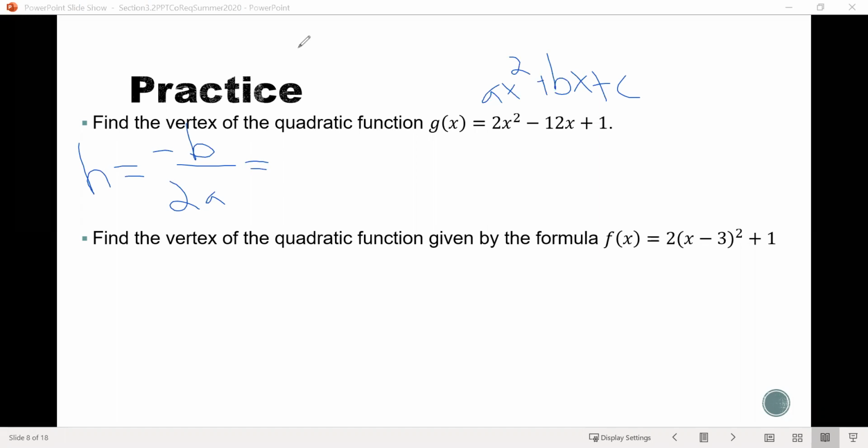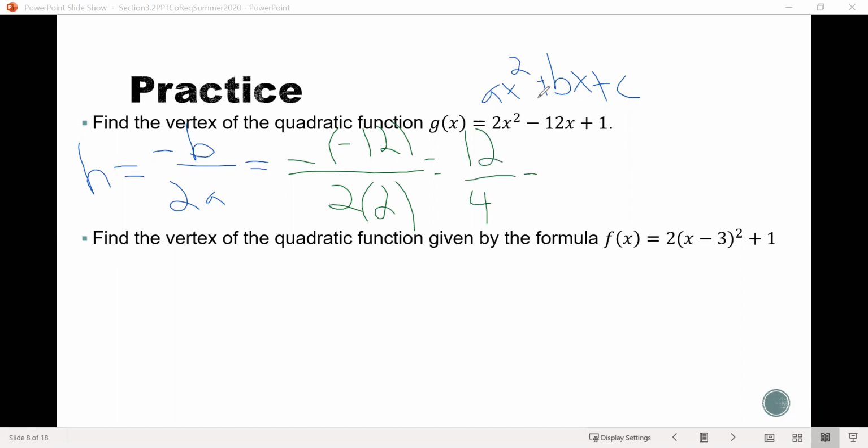So using the numbers in our equation, we have the negative of negative 12, all divided by 2 times the value for a, which is 2. Notice those are just the coefficients I plugged in there. I didn't plug in any x's. We have the negative 12 on the top, which gives us a positive 12, and 2 times 2 on the bottom, which gives us 4. So 12 over 4, which is 3, is our value for h.